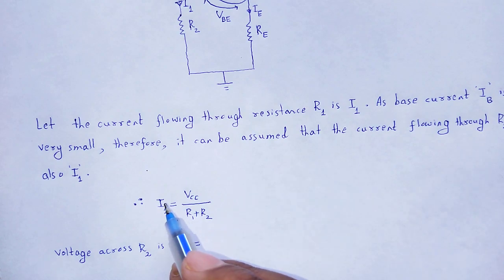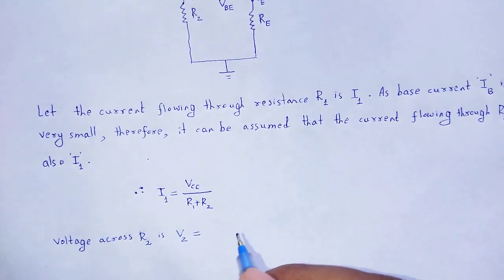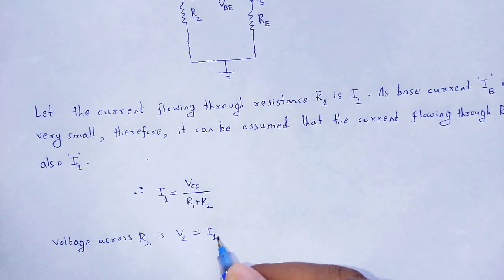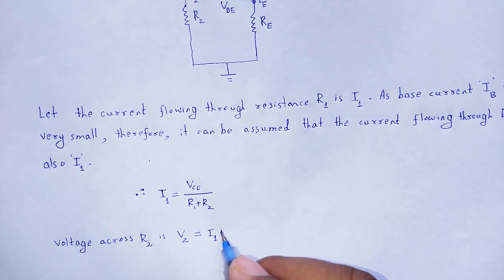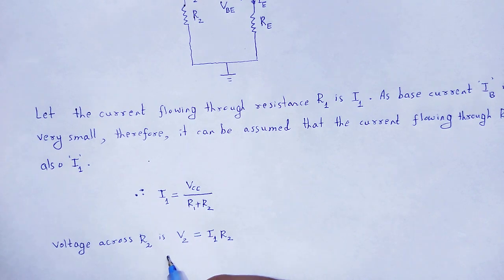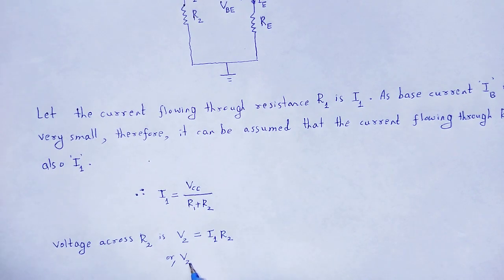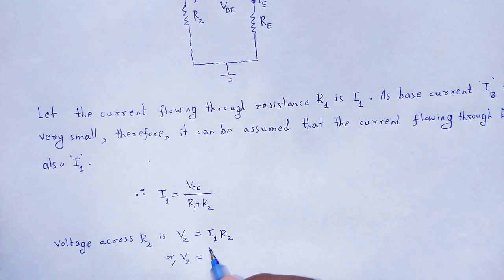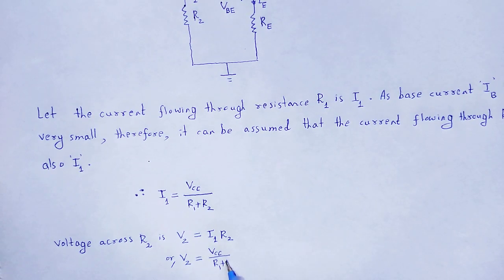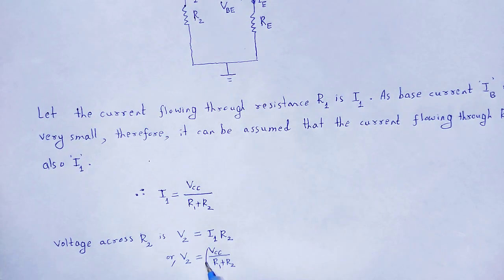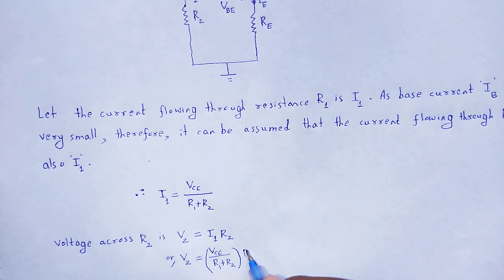Current I1, resistance R2, or V2 is equal to value of I1 as VCC divided by R1 plus R2 whole into R2.